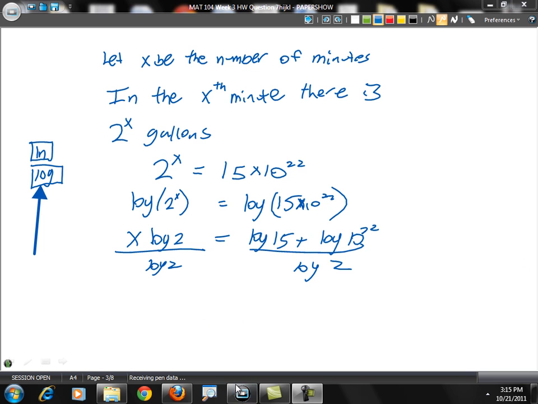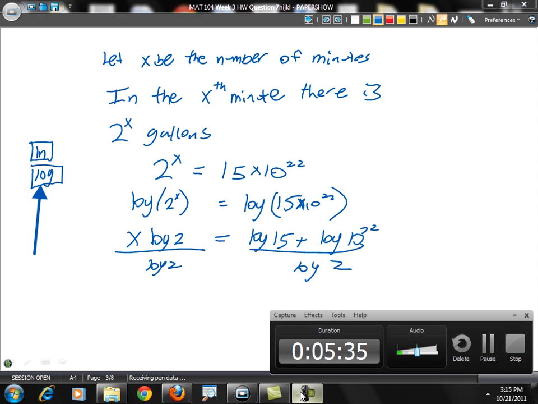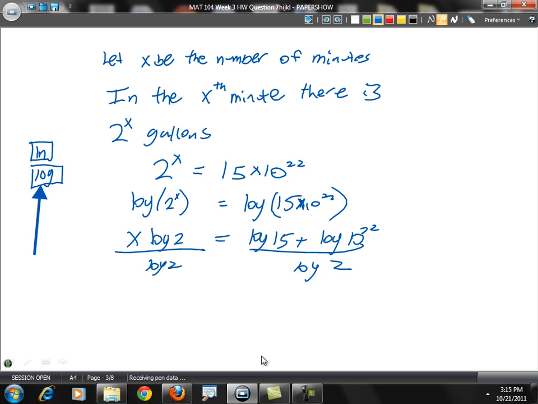I'm going to see how I'm doing on time. Okay, I'm doing good enough that we can put it in the calculator. Alright, so x is going to be equal to log 15 plus, oh yeah, we can simplify further. We've got this log base 10. We can say that this is 22 because they're inverses. The exponential 10 to the 22nd is undone by the base 10 logarithm.